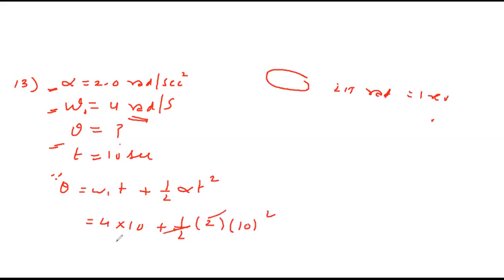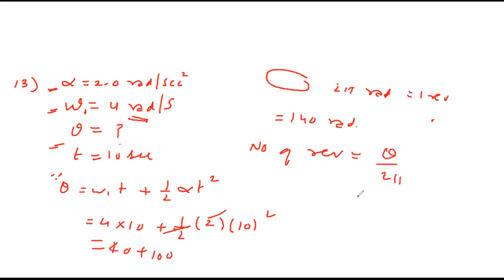That means it is 40 plus 100, so equals 140 radian. Number of revolution equals theta upon 2 pi, which is 140 upon 2 pi, 70 upon pi.